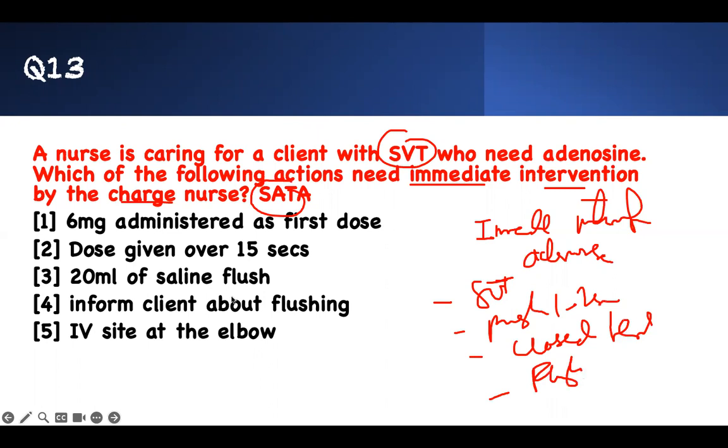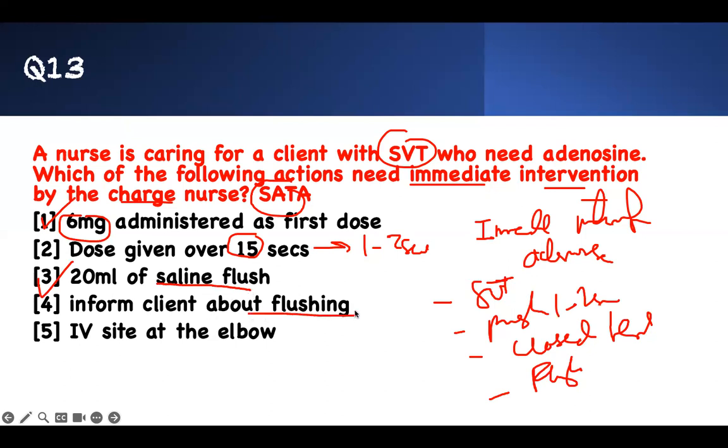The first dose is 6 milligrams. The dose is given over 15 seconds? No, that's too long. It has to be fast, 2 seconds. You have to flush it with 20 cc of saline.